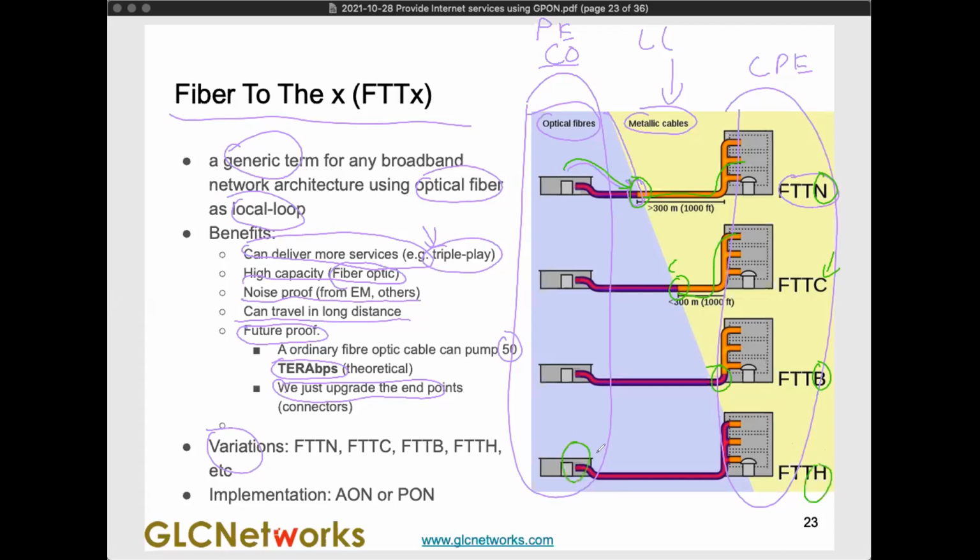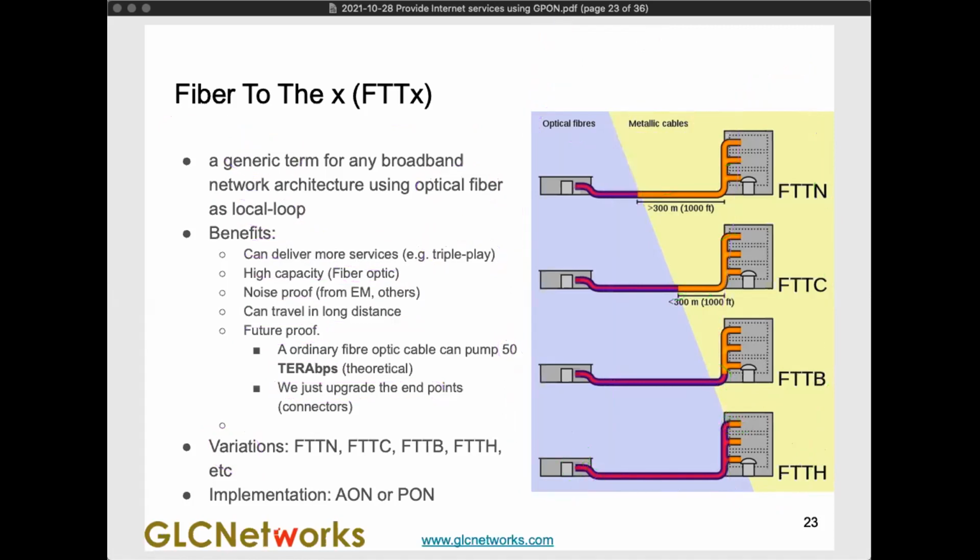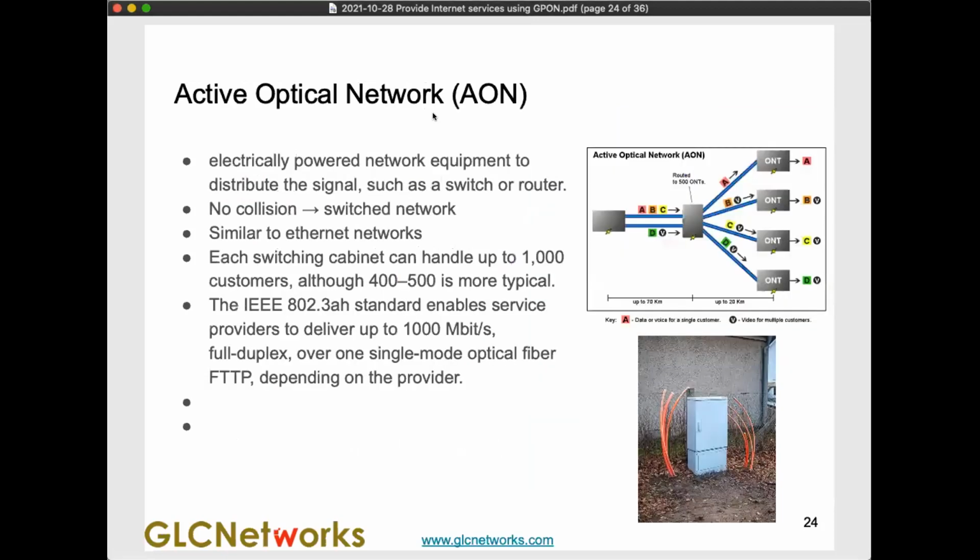It means that from here directly to the customer is all fiber optic, up to this point, usually at the modem, and after the modem we are using copper wire cable. So FTTH is now one option that providers are looking for, because it's an end-to-end fiber optic connection.